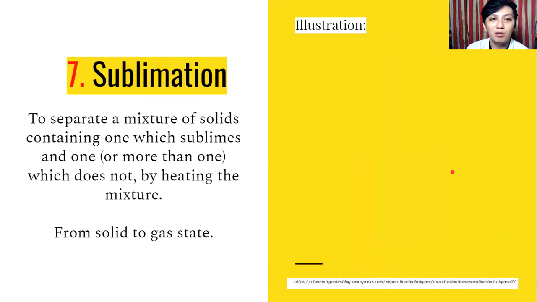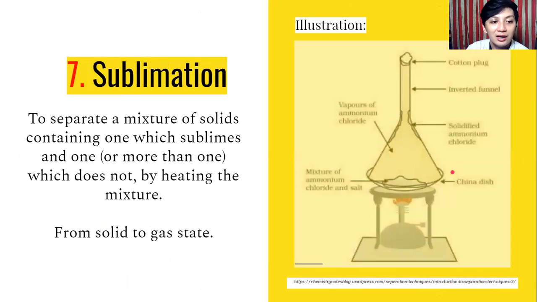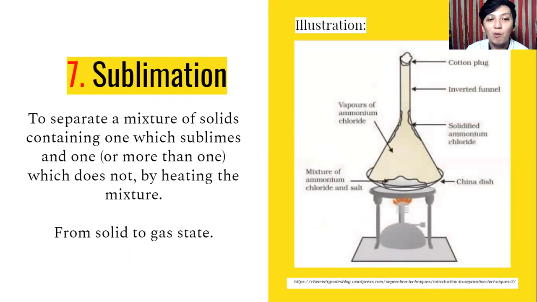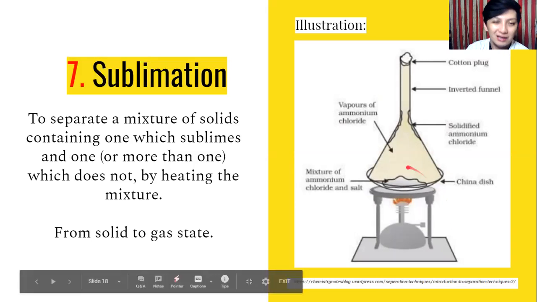And number 7, we have sublimation. Sublimation is basically used to separate a mixture of solids containing one which sublimes and one or more which do not, by heating the mixture. This is like going from solid to gas state. This is what it looks like.